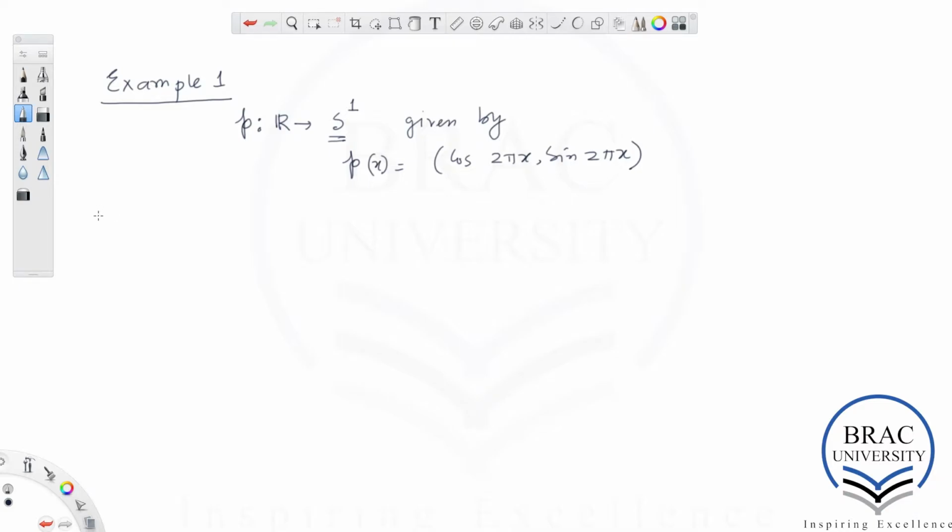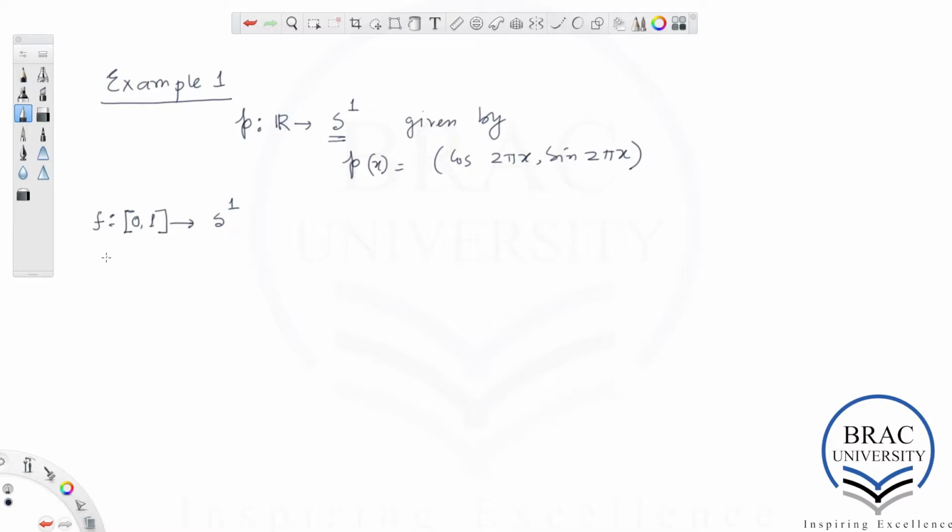All right. So first of all, we consider a path F, which is of course a map from 0 to 1 to S1. So this is a path in the unit circle.